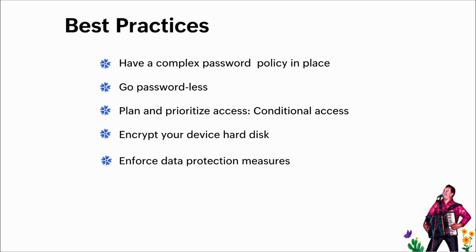Try to enforce a strong security password policy, followed by going passwordless, because according to Microsoft, 99% of the attacks can be avoided if you have MFA in place. And you can plan and prioritize your access using conditional access. That's a far more secure, enhanced security feature that's available.